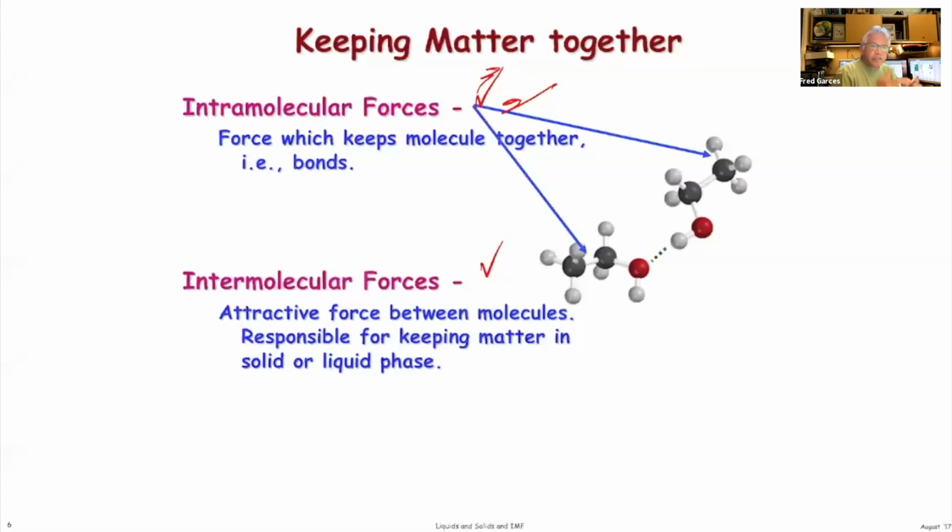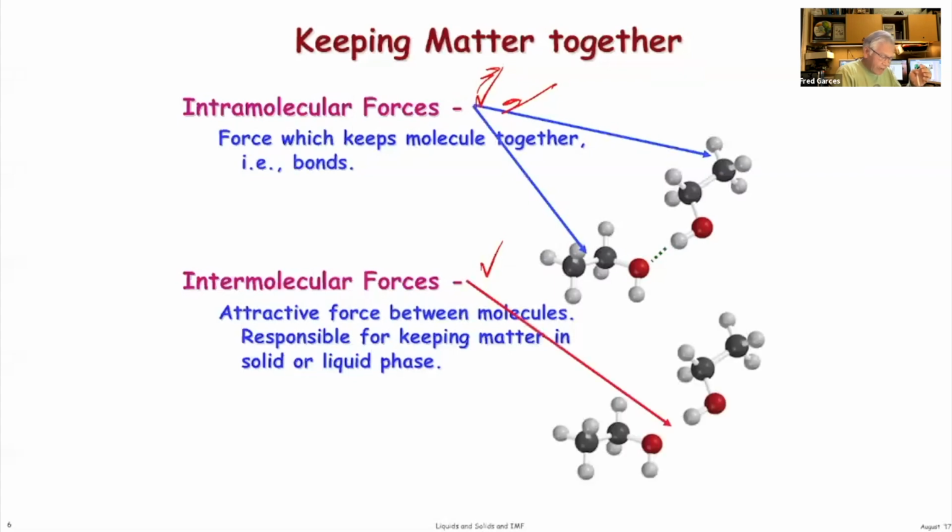Intramolecular forces are the sharing of electrons, either the transfer or the sharing of mutual electrons to cause bonds. Intermolecular force, on the other hand, is the interaction from one chemical to the other through space. Okay, through space. So it's between chemicals, not within chemicals.